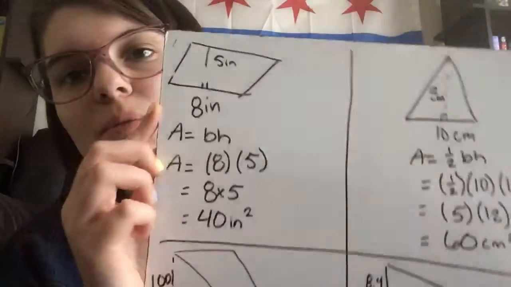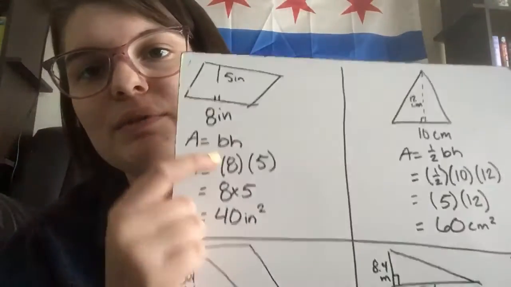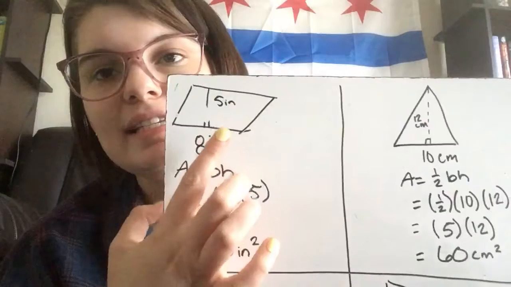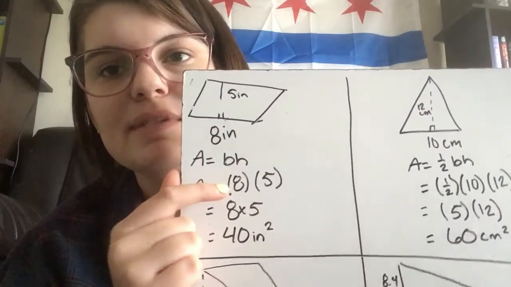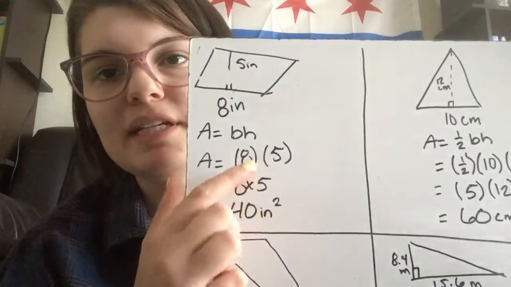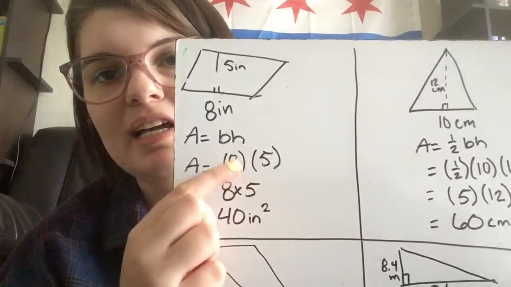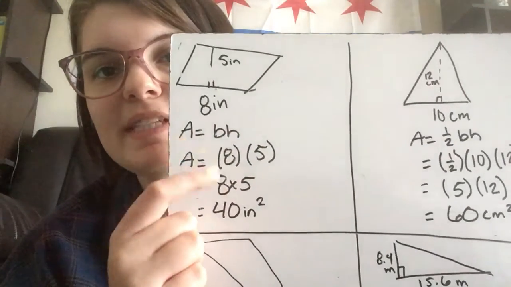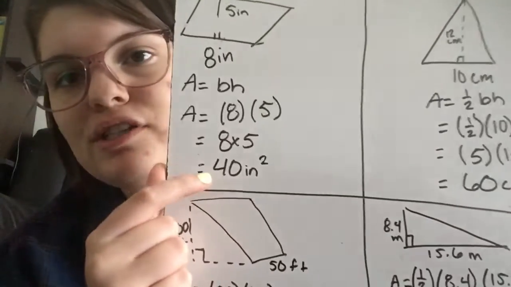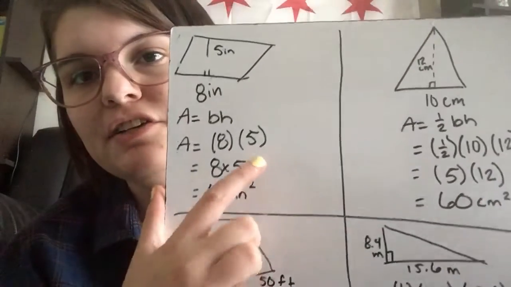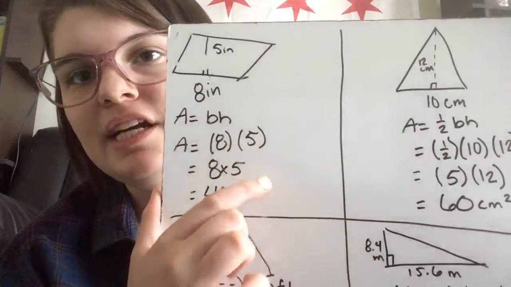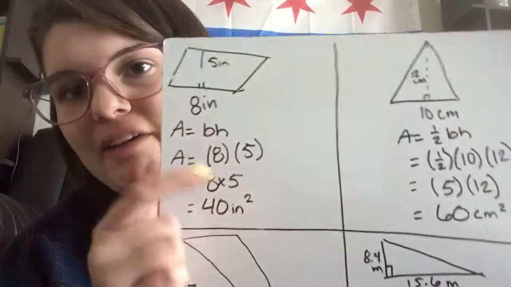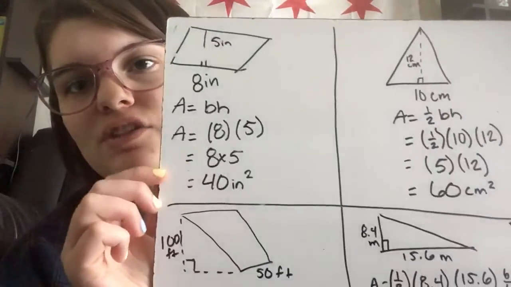So we have base times height, which is 8 times 5, which is 40. However, you can't forget your units. I know I don't have my units up here, but it says 8 inches by 5 inches. Remember, area is always our unit squared.